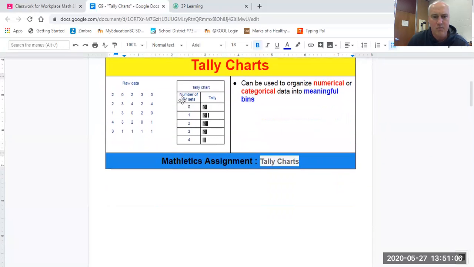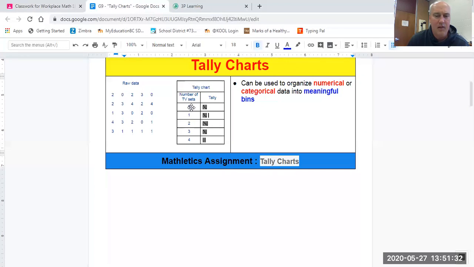Well, a tally chart is basically taking raw data. And I know that this looks like a lot of numbers, but in reality, sometimes when you're doing surveys and you collect, let's say you survey 100,000 people, you have to organize all of that data into meaningful bins that you can then create charts with. So a tally chart is a way of taking large amounts of numbers and combining them into some organization.